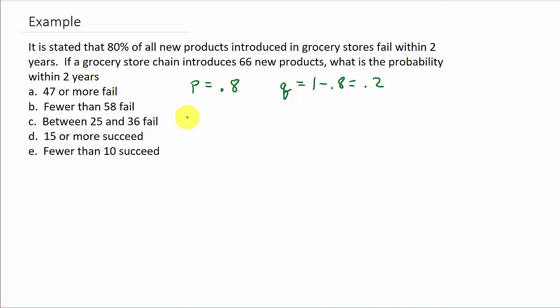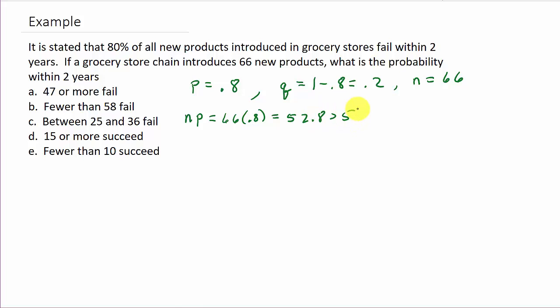So now let's look at this. I've got n times p is equal to 66 times 0.8. Let me write this up here. n is 66. So 66 times 0.8 is 52.8, which is larger than 5.